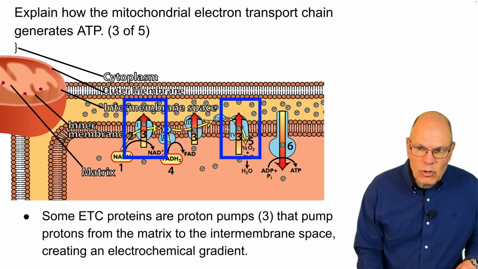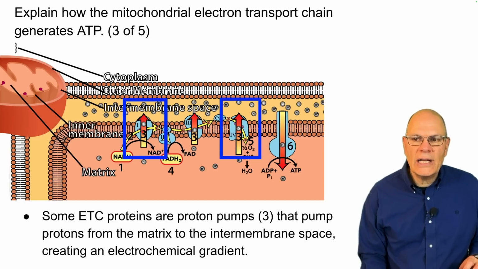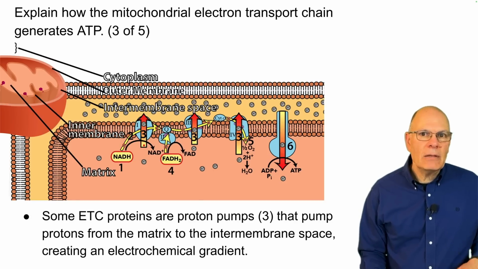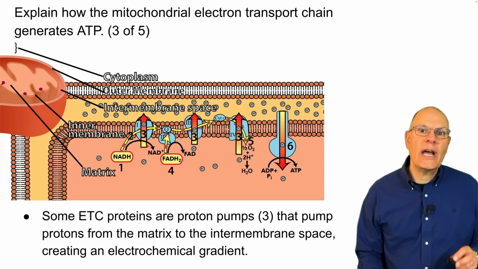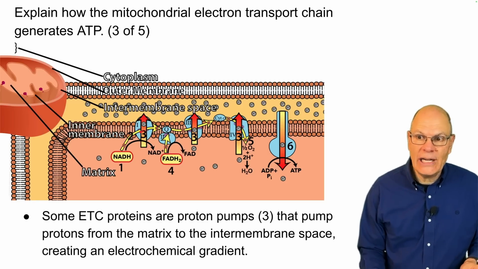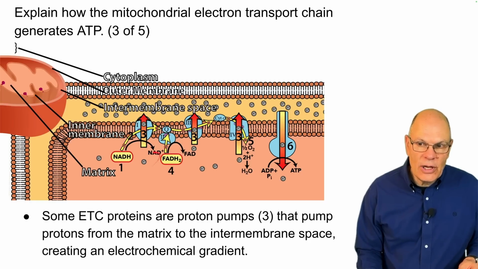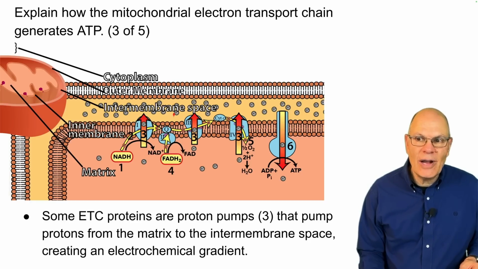Some of these electron transport proteins are proton pumps, and they pump protons from the matrix to the intermembrane space. Pumping is active transport that requires energy. Where's the energy from? It's from this flow of electrons. Notice that there's less protons over here and more over here.